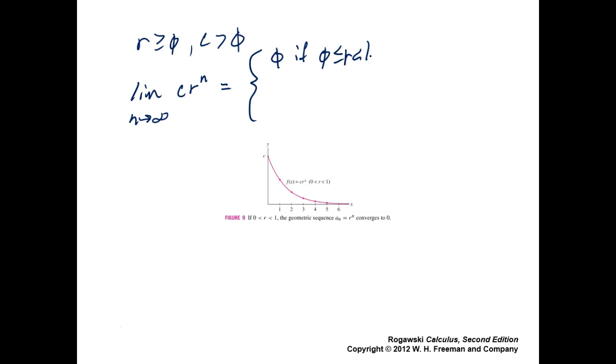Okay. Remember, c is greater than 0. R is greater than or equal to 0. Okay? But let's just take a part of that first. Let's rewrite this. 0 is less than or equal to r.